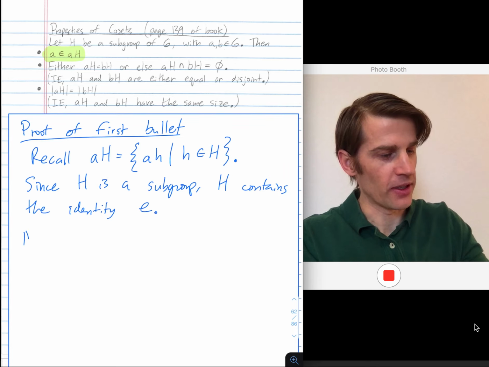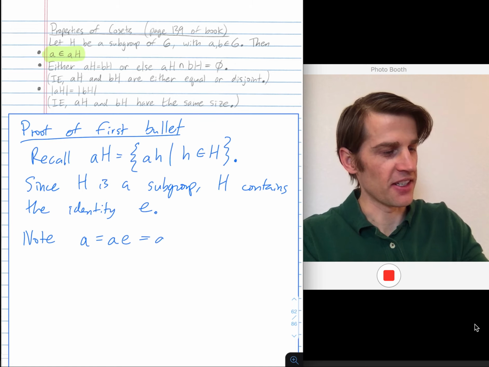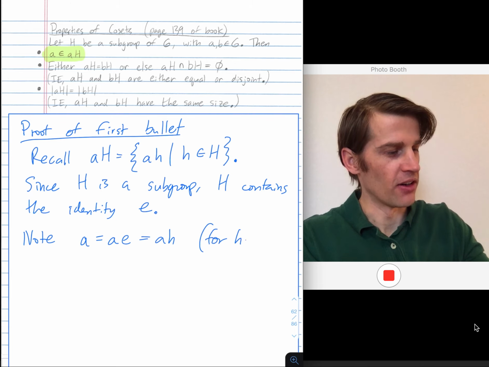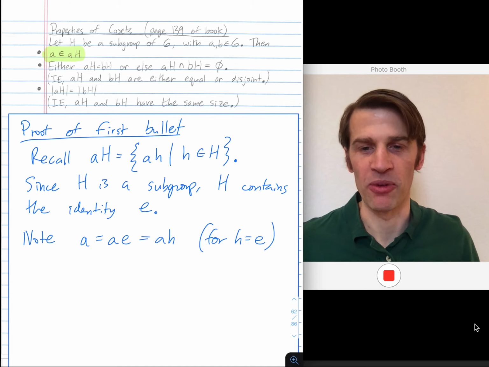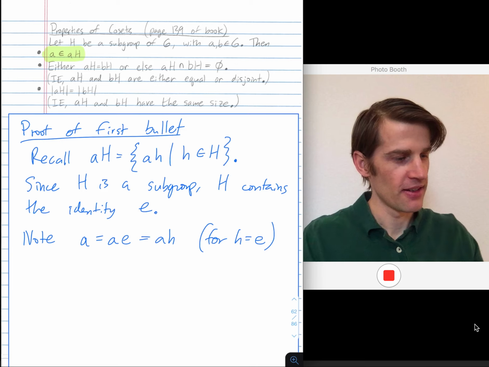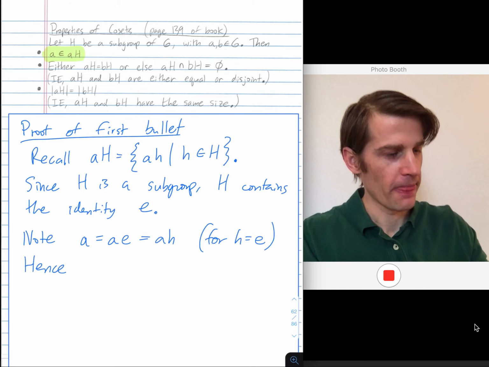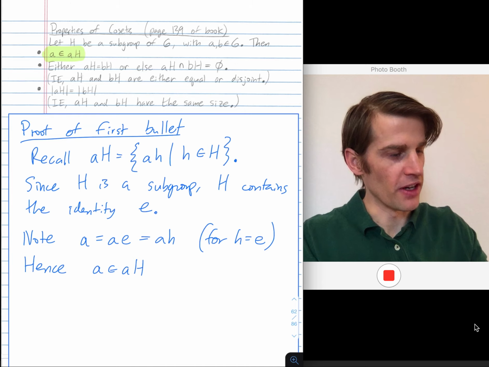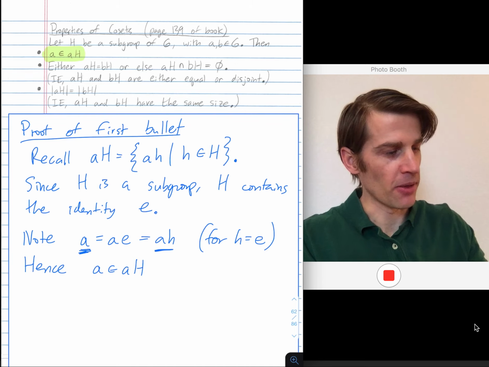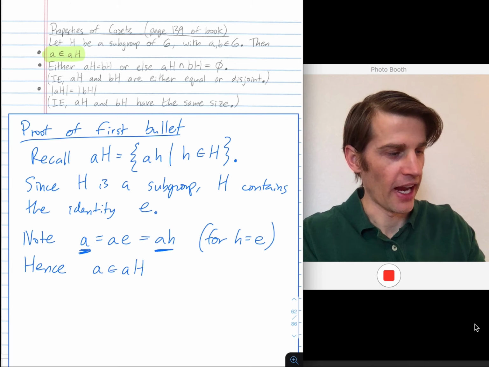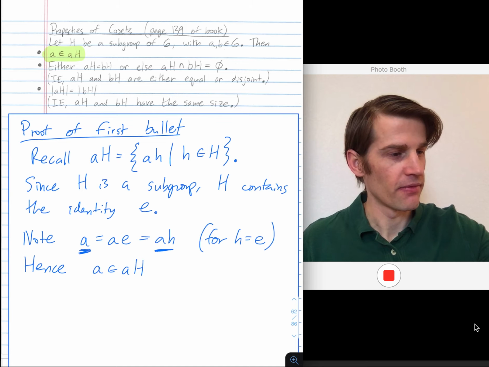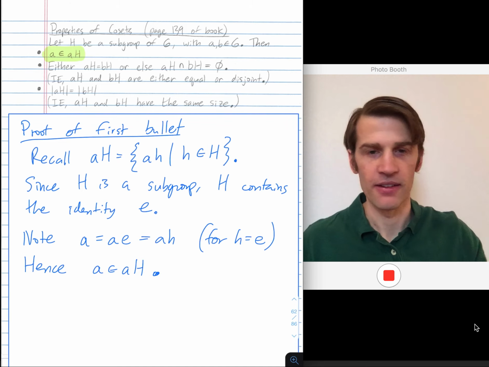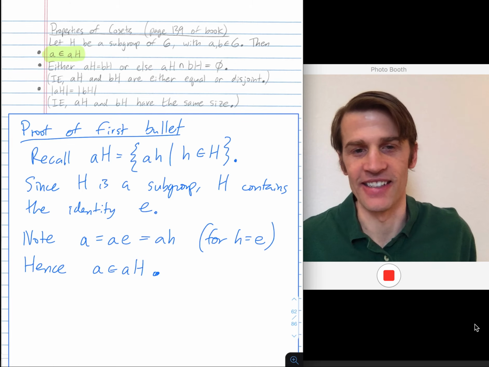Then we can write a as a times the identity, where I'm choosing my element of the subgroup H to be the identity. Therefore, since I've written a as a times something in my subgroup, namely a times the identity, that proves that a is in the coset aH. In other words, a is in its own coset.